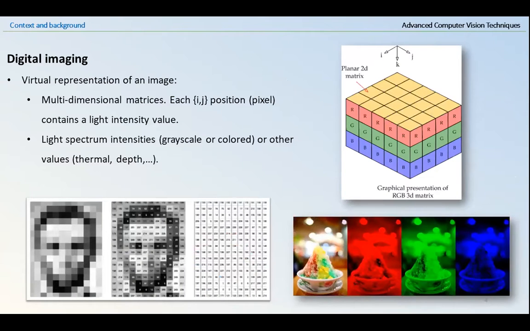So I'm going to start explaining the virtual representation of an RGB or grayscale image in a computer. You probably know that digital images are composed of pixels. So that's basically how the computer stores them, like a data matrix, or an array, in which each position is a pixel, and it contains a numerical value of the color or light intensity.